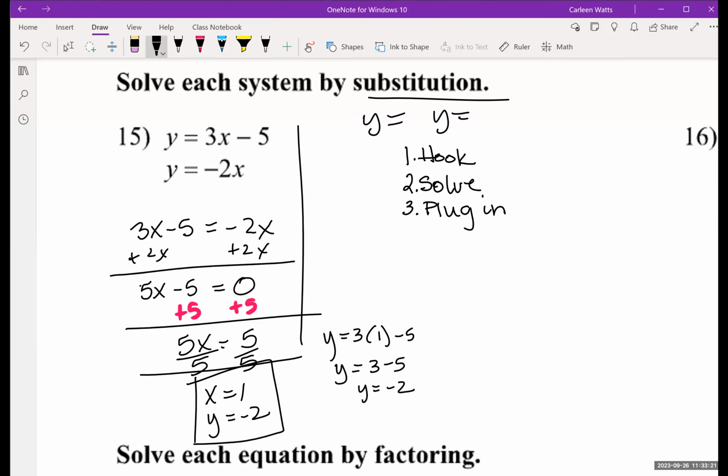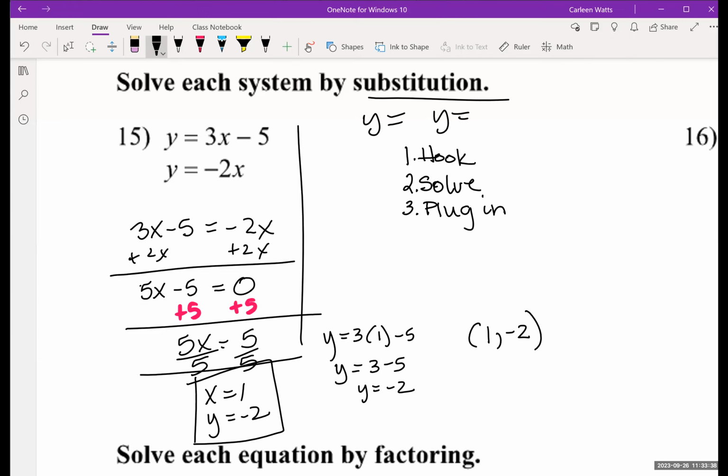Okay, so we're going a little bit faster because we did these last week. The ordered pair where these two lines intersect, 1, -2.